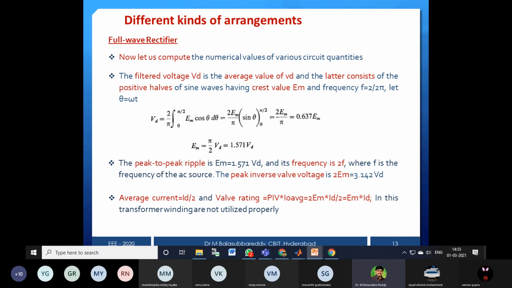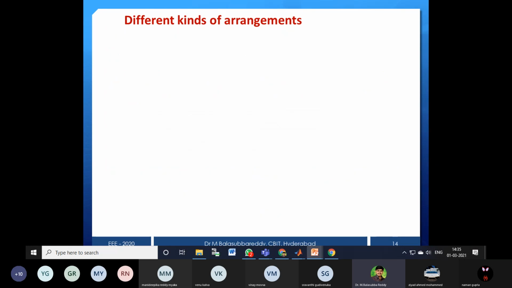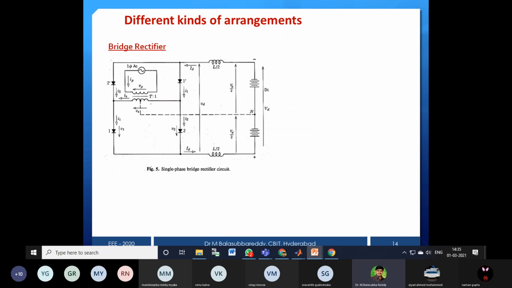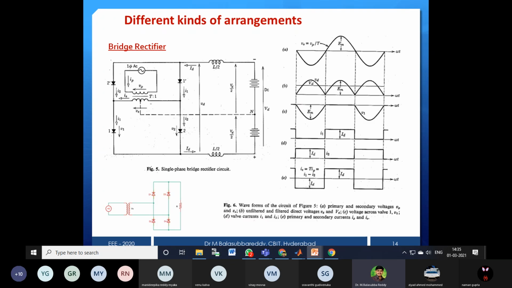Now we can see the bridge rectifier case. Any circuit you can use, this one or this one, only the neutral point differs. When the bridge configuration is there, continuous output will be obtained. In the positive half cycle one set of devices will conduct, and in the negative half cycle another set of devices will conduct.